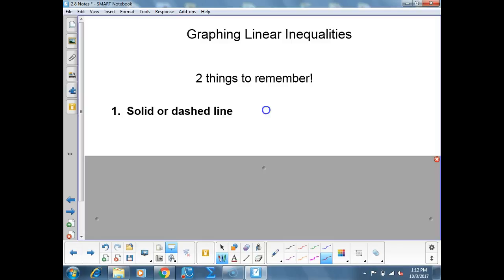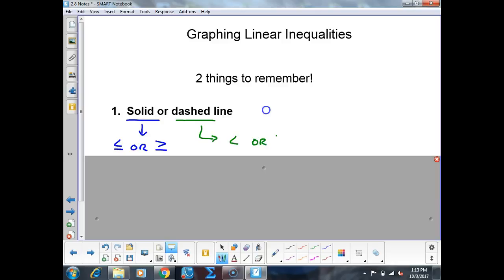So the solid line happens when we are in the less than or equal to or greater than or equal to case. It's got that equals component. That's going to be a solid line. The dashed line occurs when we are dealing with just less than or greater than.